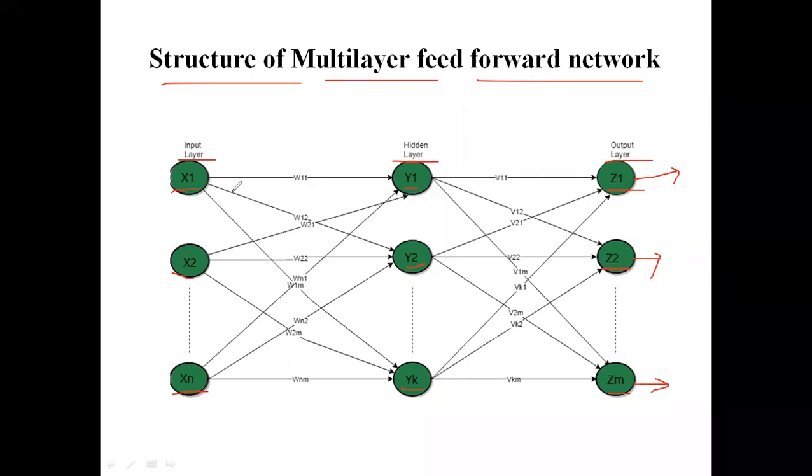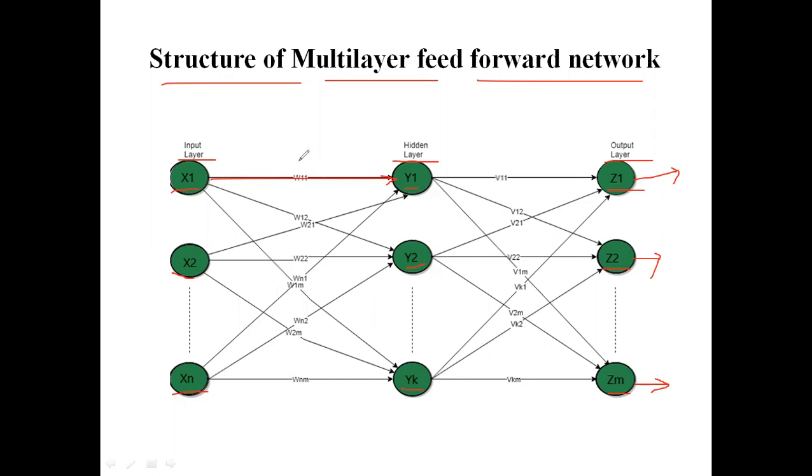One layer is connected with another layer by using these connections, with some weights. Each and every link, each and every edge, has some weight. If you observe this diagram, each and every link is represented with a particular weight.